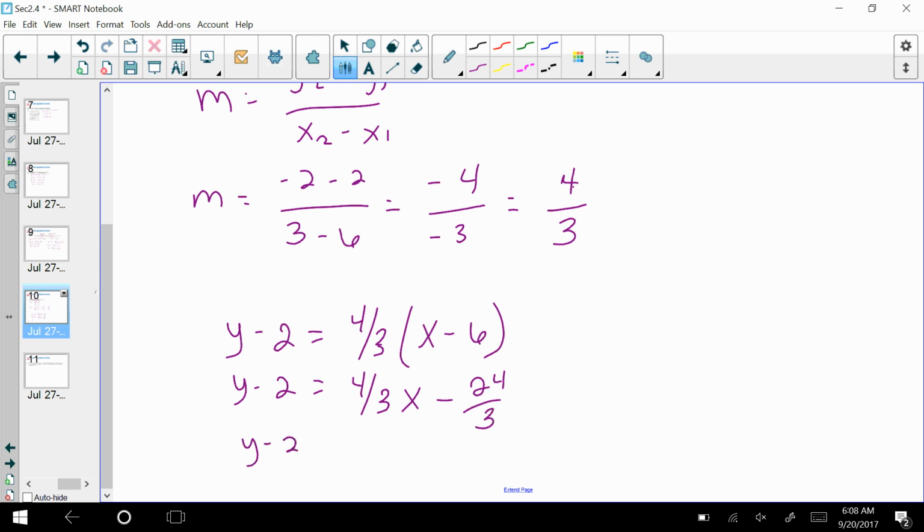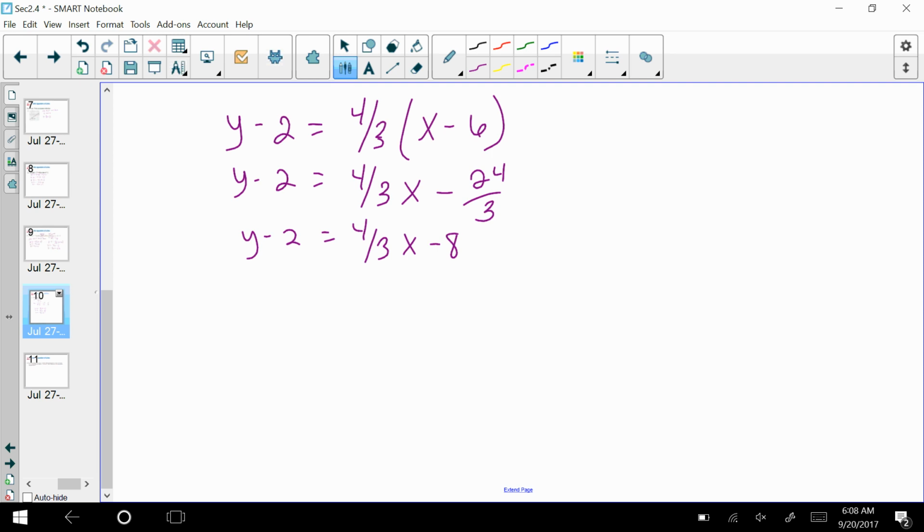So y minus 2 equals 4 thirds x minus 8. Add 2 to both sides. And we get it back in slope-intercept form.